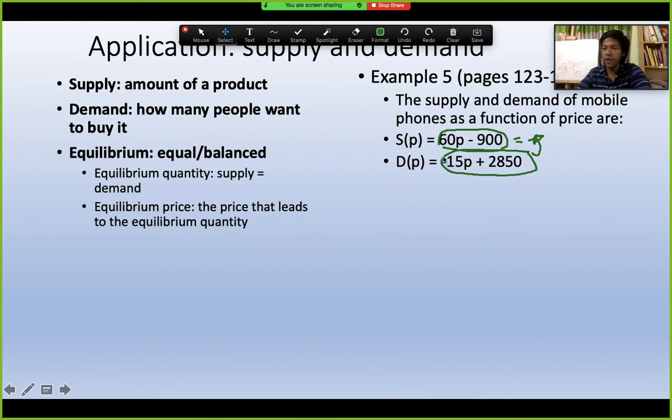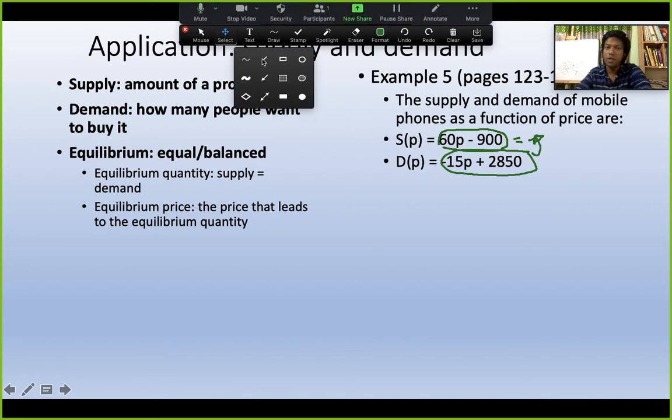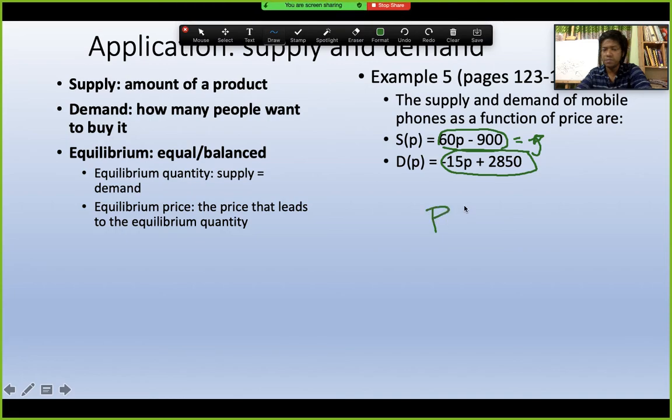So they need to find out what the equilibrium price is first of all, so that they can increase or decrease from there. Equilibrium price means the price for which supply and demand are the same. Now suppose the equilibrium price for some product is, let's say, $500. If they increase the price, that means people will buy it less.